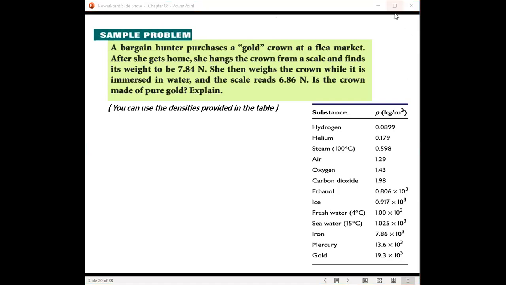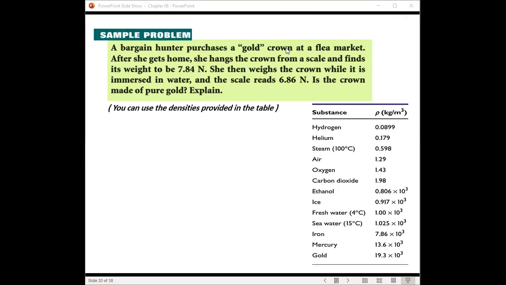So this problem says: a bargain hunter purchases a gold crown at a flea market.